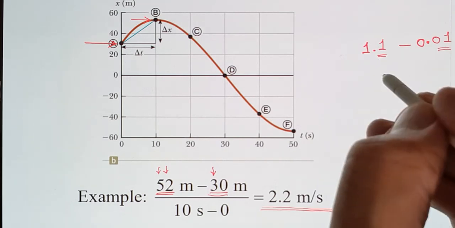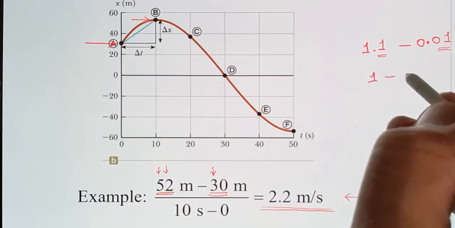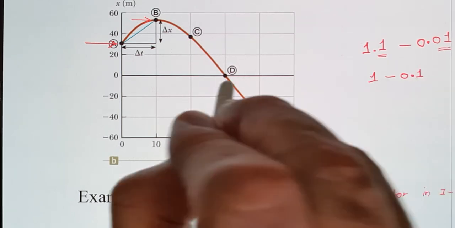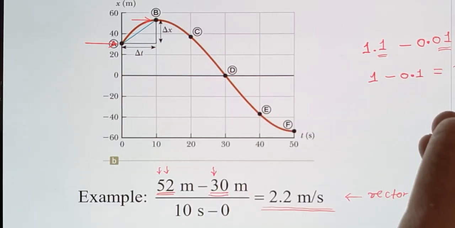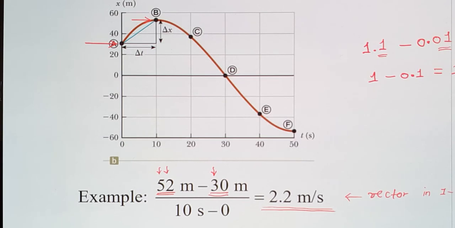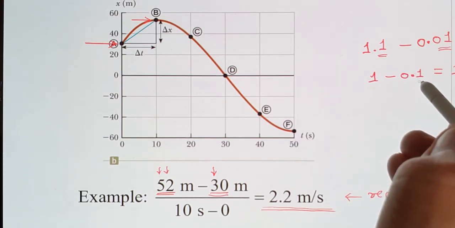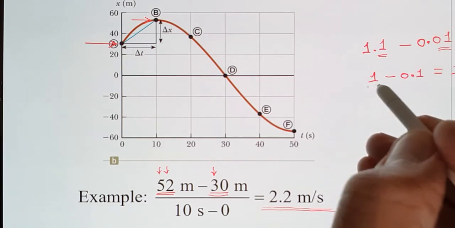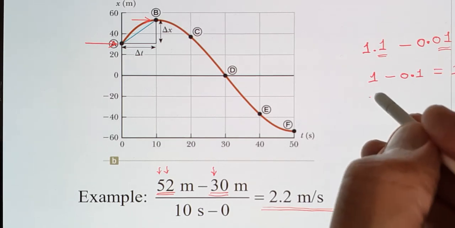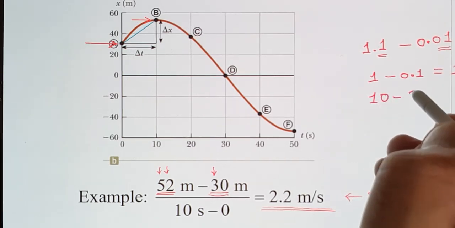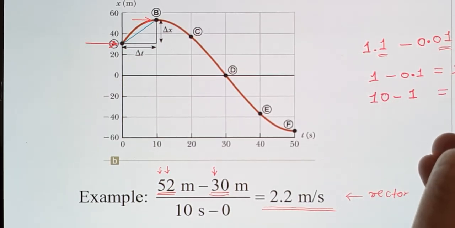Again, if you use 1 minus 0.1, the result is also 1. Why? Because this is 1 over 10 and this is ones, so we consider the 1. If you go for 10 minus 1, the answer is 10.